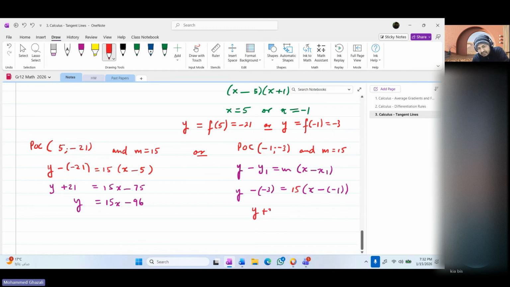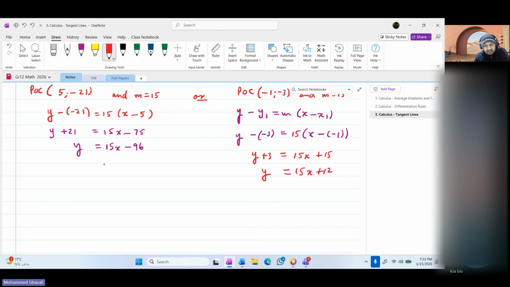So y plus 3 is equal to 15x, and 15 times 1 is plus 15. So now you get y equals 15x, 15 minus 3 is plus 12. So these are the 2 equations of the tangent lines that we are looking for. These are the 2 lines.